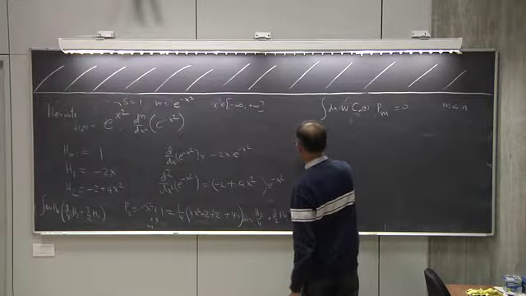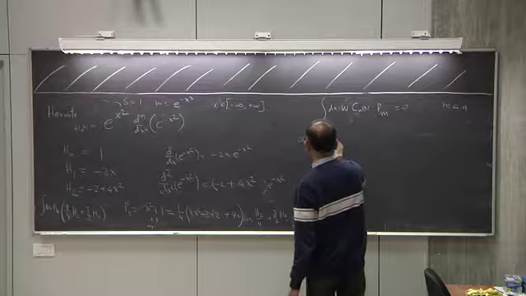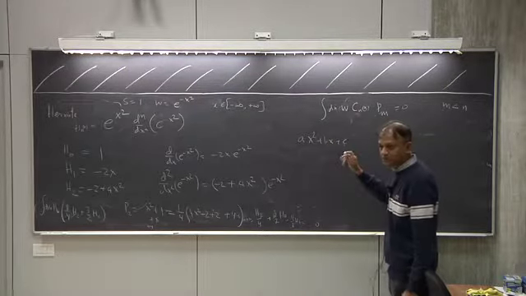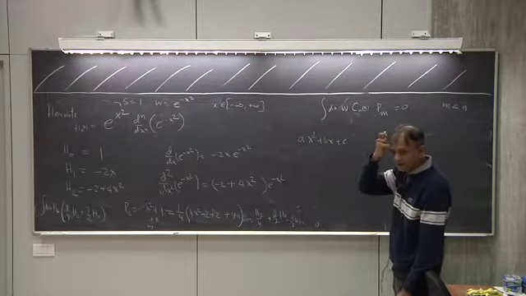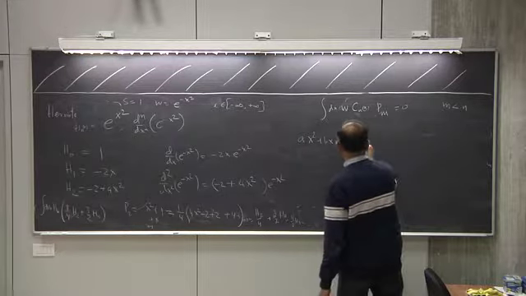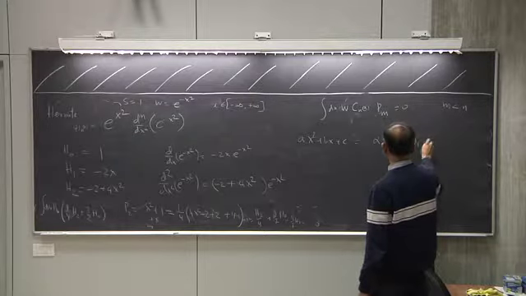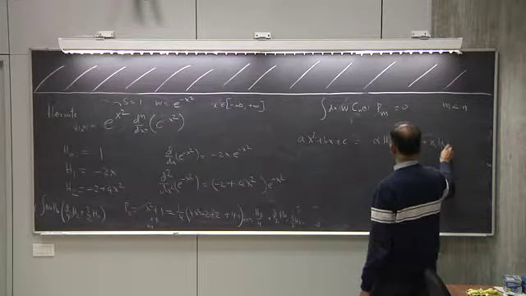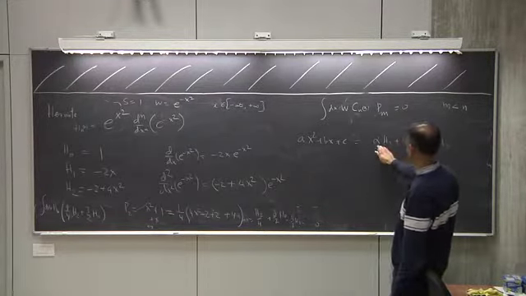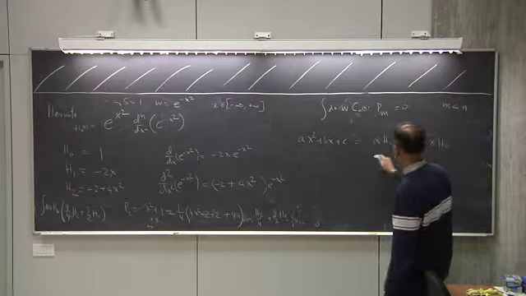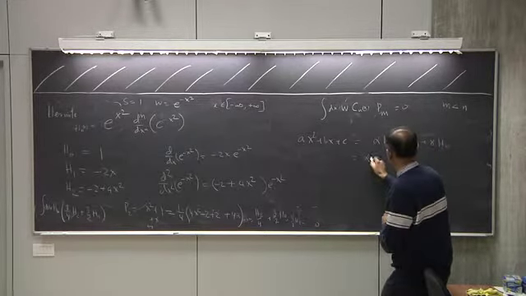So suppose I have some ax square plus bx plus c. This is my second degree, quadratic polynomial. Now let's write it as some alpha times h2 plus beta times h1 plus gamma times h0. What I'm claiming is that I can always find these.